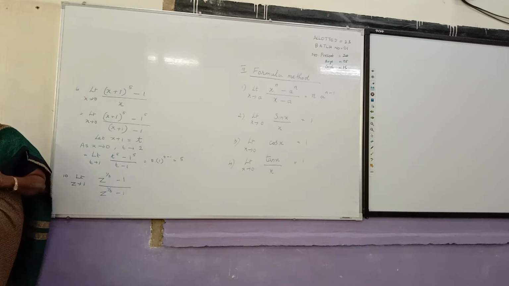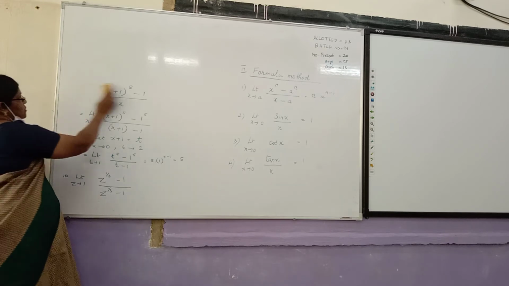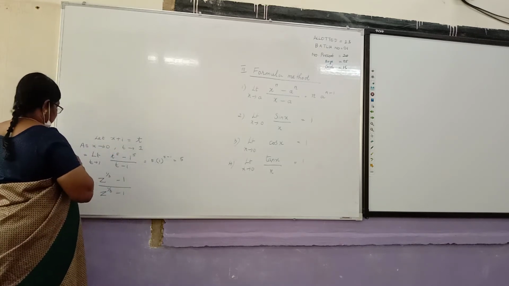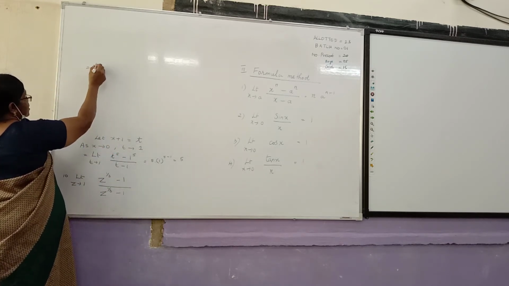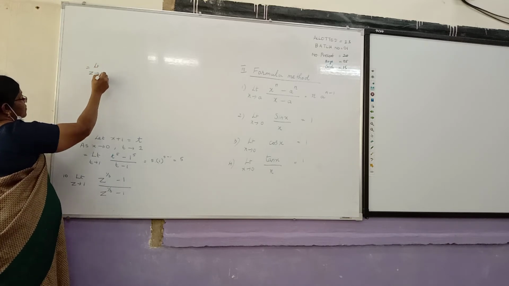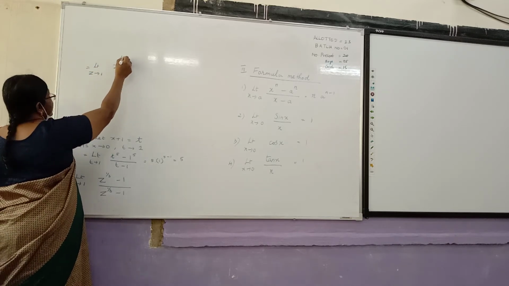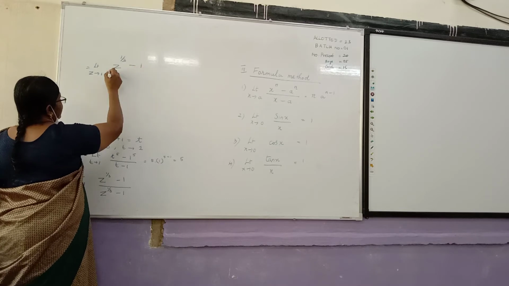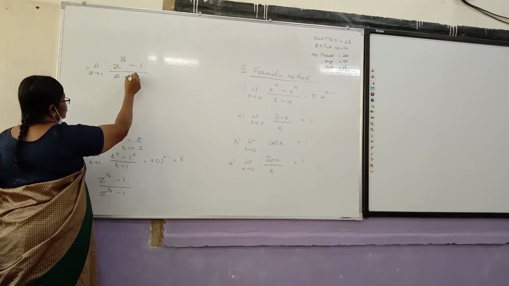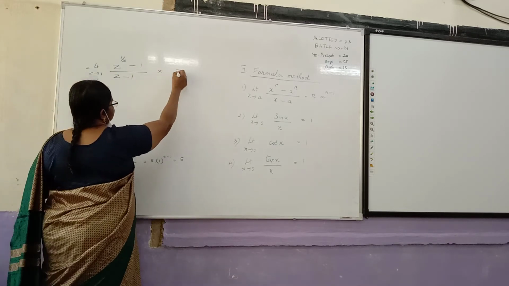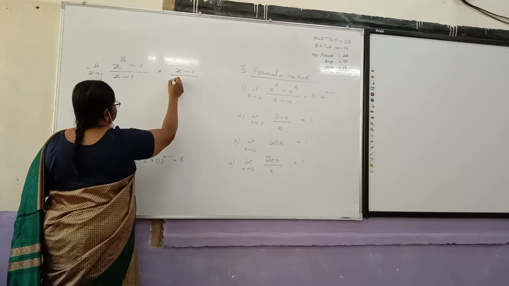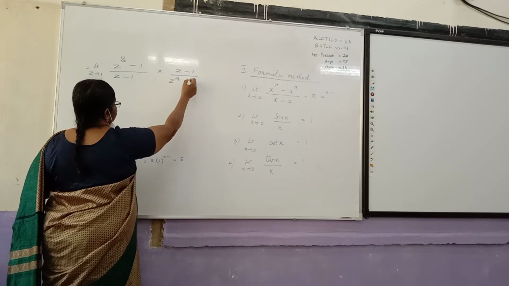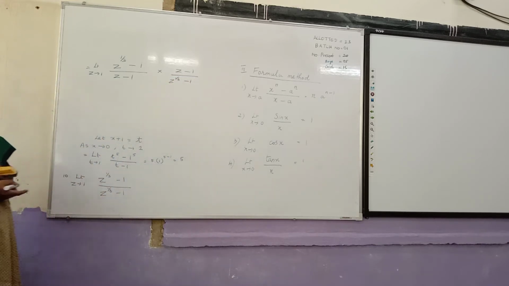This is limit z tends to 1, (z power 1 by 3 minus 1) by (z minus 1), into (z minus 1) by (z power 1 by 6 minus 1). Now we are getting back the formula.